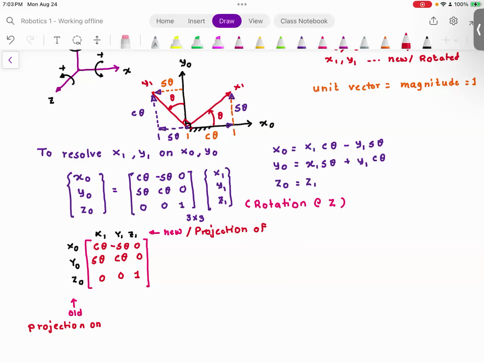Since z1 and z0 are aligned, there will be 1 here, and all other elements will be 0. This is the rotation matrix that you will use all the time. We'll always assume our rotation is about z. This is the only rotation matrix that you should remember.